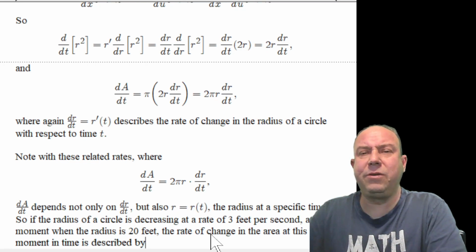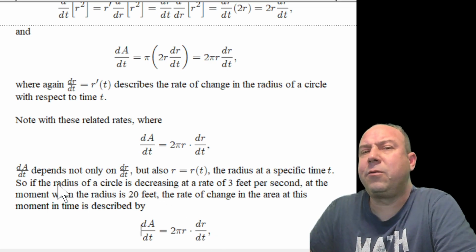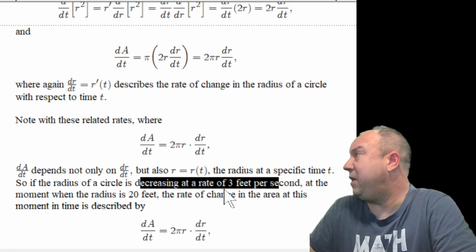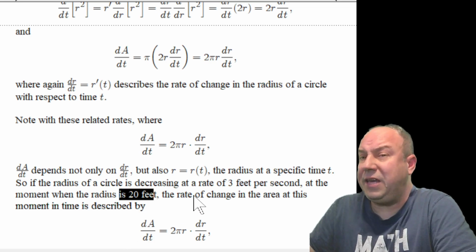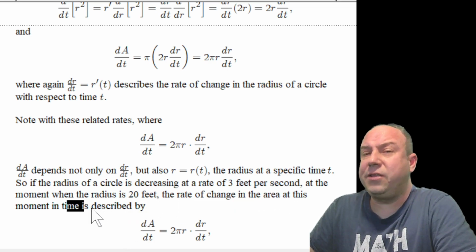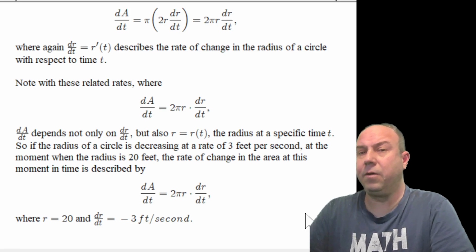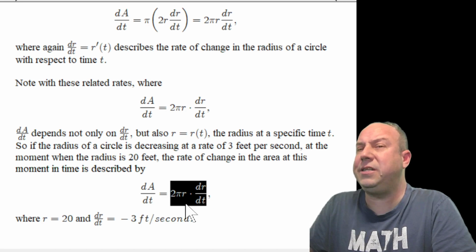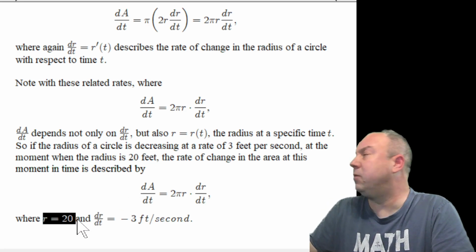So we set up an example here where we say, well, if we're considering the radius of the circle to be decreasing at a rate of 3 feet per second, at the moment the radius is 20 feet, the rate of change in the area at this moment is going to be described by the following calculation. It will be described by dA dt equal to 2 pi r times dr dt, where since at this particular moment in time the radius is exactly 20 feet, r would be equal to 20.